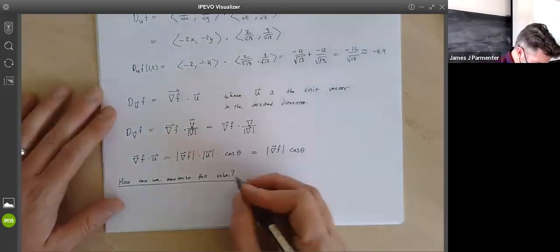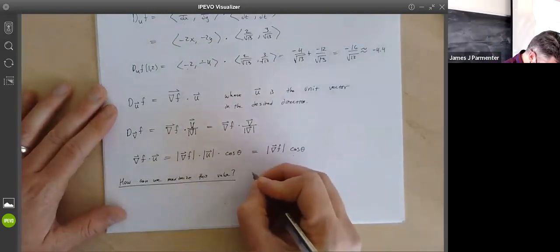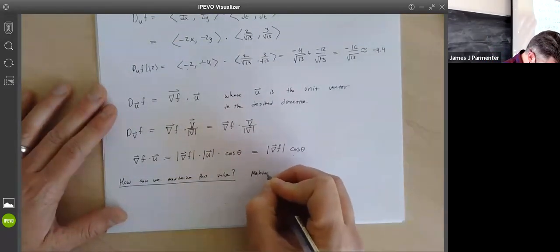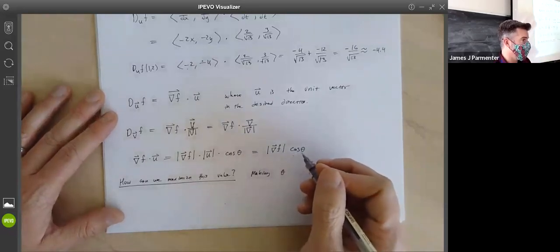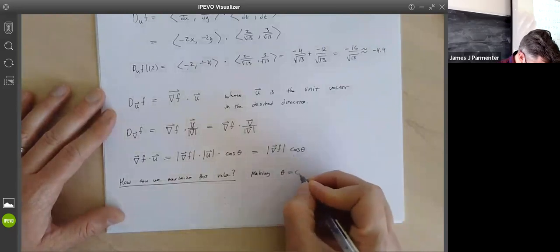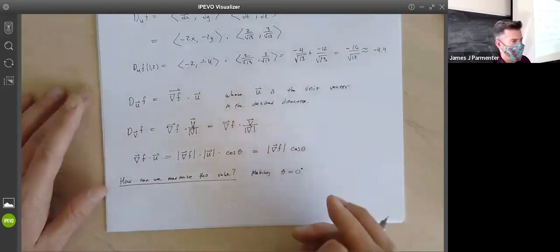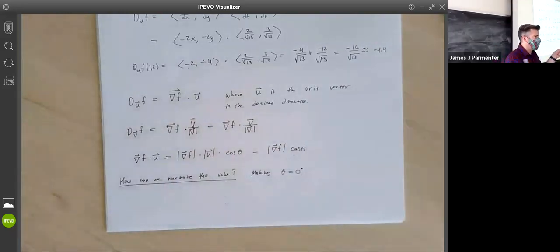0. So we can maximize the value by making the angle between your unit vector and your gradient vector 0. But if the angle between two vectors is 0, that means those vectors point in the same direction.